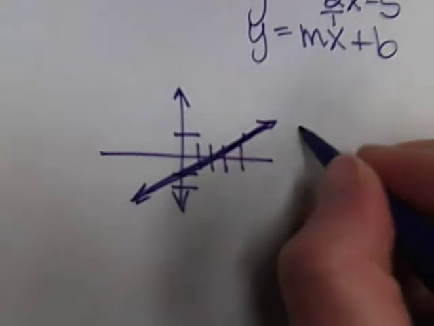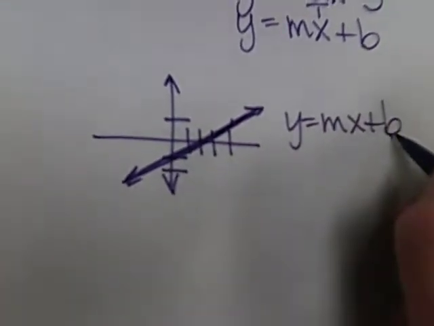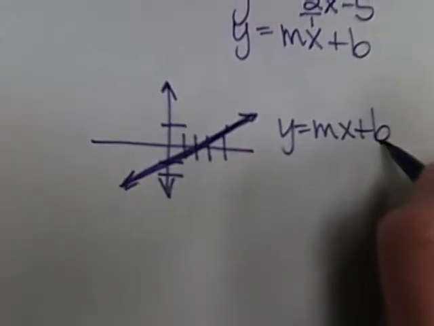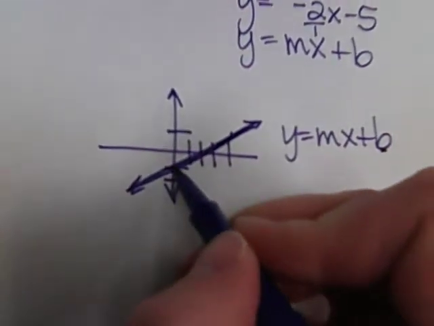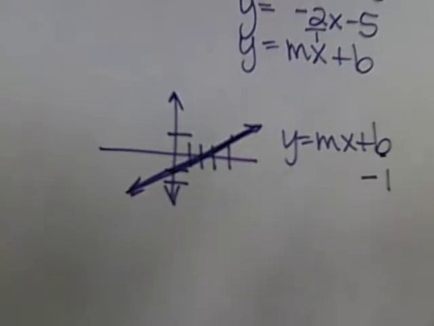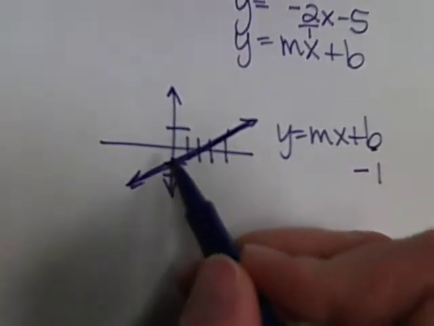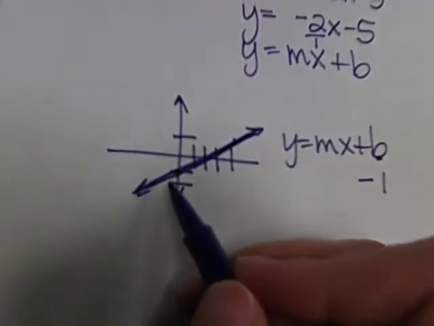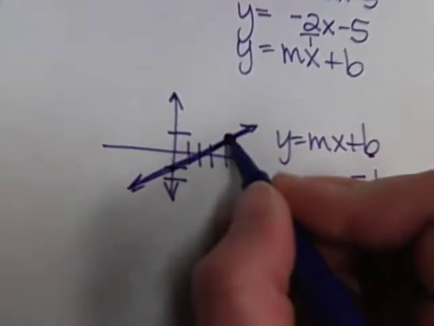Okay, so we know it needs to be in this form. So the first thing I want to look for is the b. Do I know where it crosses the y-axis? And it has to be exact, okay? Now, I know my picture's not great, but in the book, this graph crosses exactly at -1. So we know this is -1, okay? From that point then, I could count using my slope to the next given point. Well, I can tell on my graph that it crosses through right here.